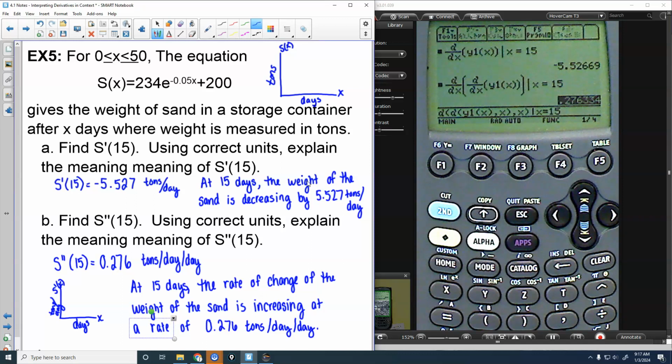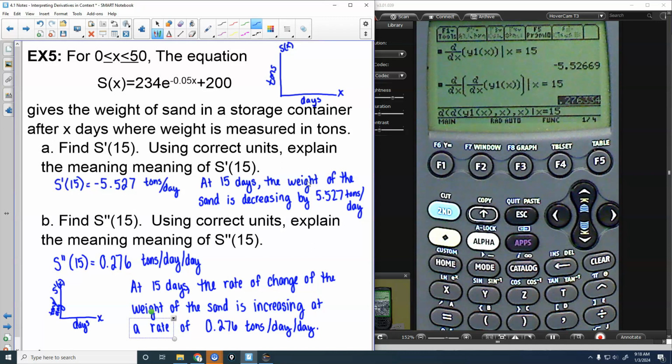So if you think of what's happening here, since our rate is negative at this point, that means we're losing sand, right? Amount of sand is decreasing. But is it decreasing faster and faster or slower and slower?